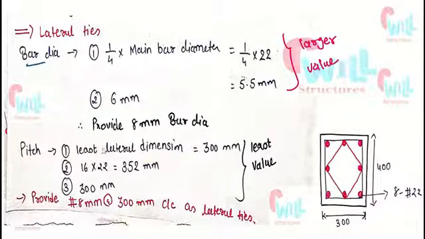And for the pitch, that is the spacing of the lateral ties, there are 3 different criteria. We can use the least value from these 3. First is the least lateral dimension, then 16 multiplied by the bar diameter, whichever is the minimum bar dia, and the third one is 300, and we can use the least value. So provide 8 mm bar diameter at 300 mm center to center lateral tie.